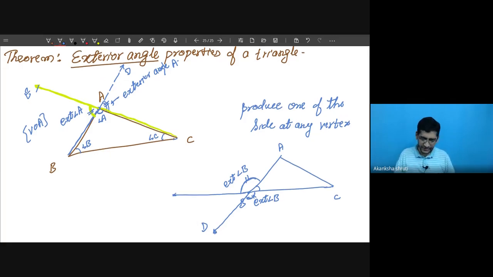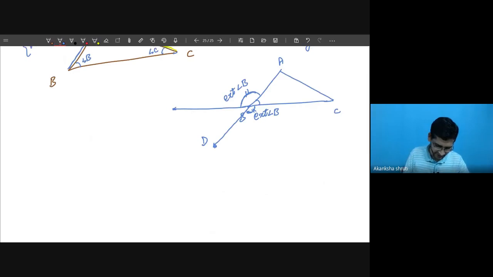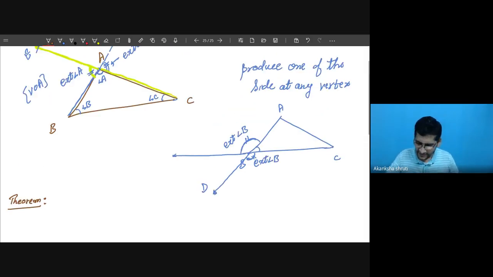So what this theorem tells, write down the theorem. This theorem tells that the exterior angle of a triangle is the sum of the two opposite interior angles. Student, in this case, what are the interior angles?